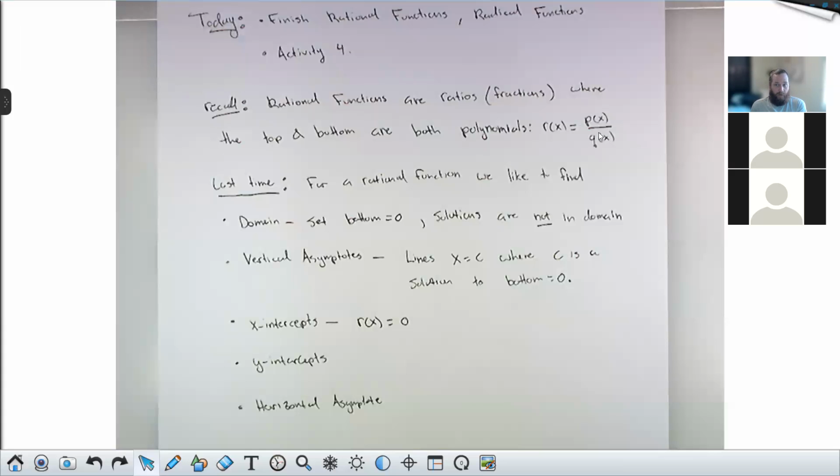So this does tie into what we were saying about the domain a minute ago, right? With a fraction, the bottom is not allowed to be 0. If the bottom is 0, we're in trouble. The thing is undefined. What about when the top is 0, like 0 over 5 or 0 over 2 or 0 over pi?